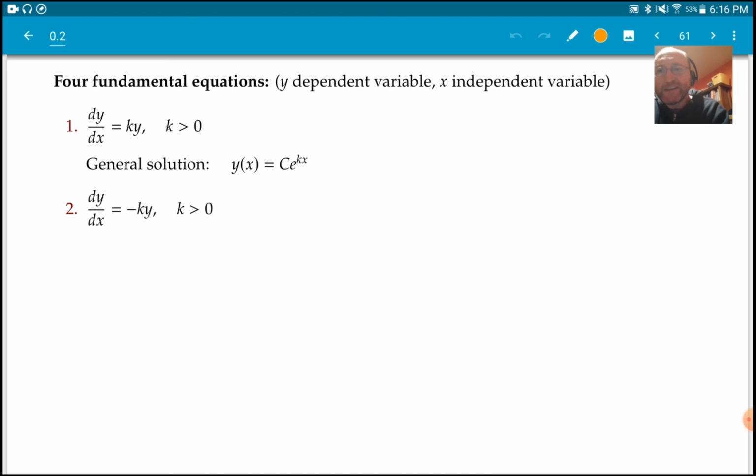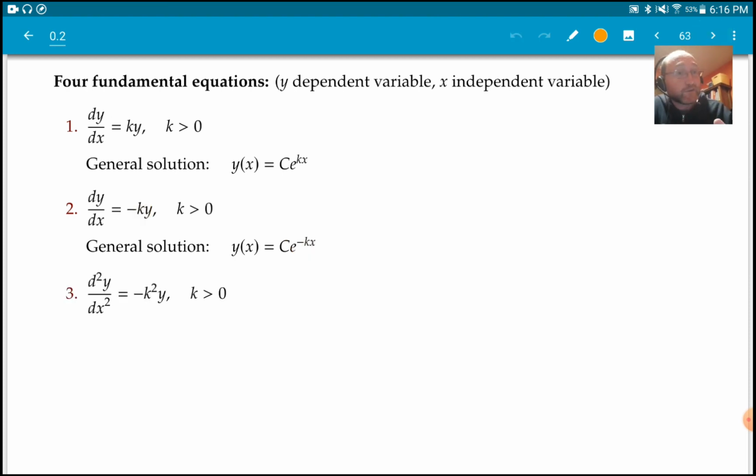If I allow this k to also be negative, then I could just write down the same equation, but let's say it's a different equation. So we have exponential growth and we have exponential decay. The exponent here is negative if the constant in front of the y is negative.